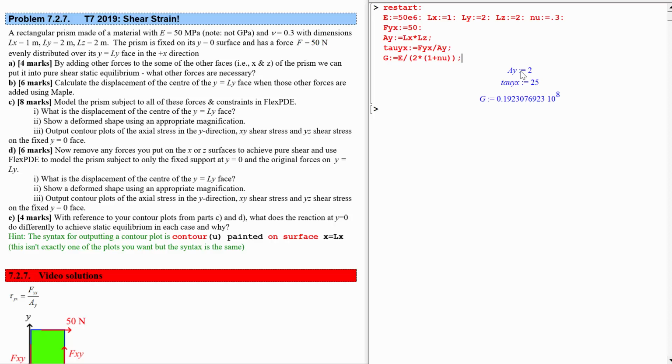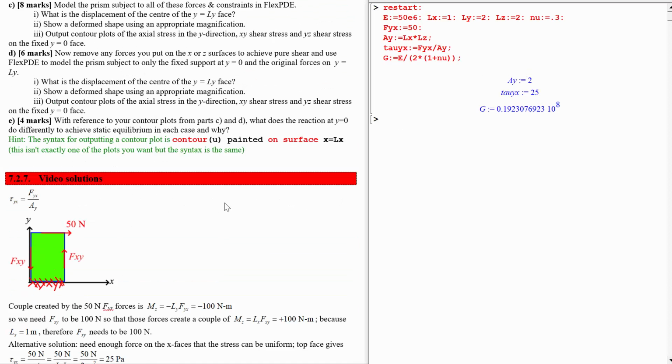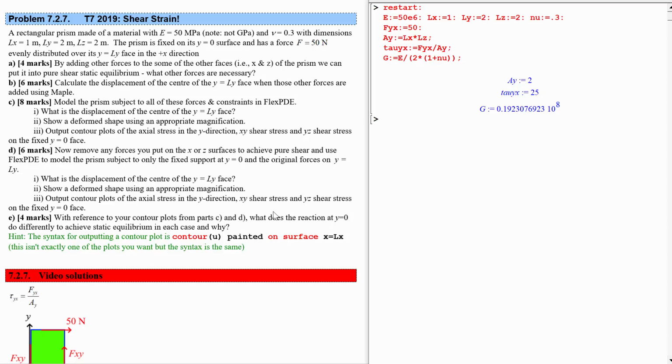Okay. So next, we can figure out what the shear strain is. Gamma yx by taking shear stress and dividing by G. And we've got a shear strain, which is 1E minus 6. Then we'll convert that to a displacement, U at the top center, which will be Ly times gamma yx.